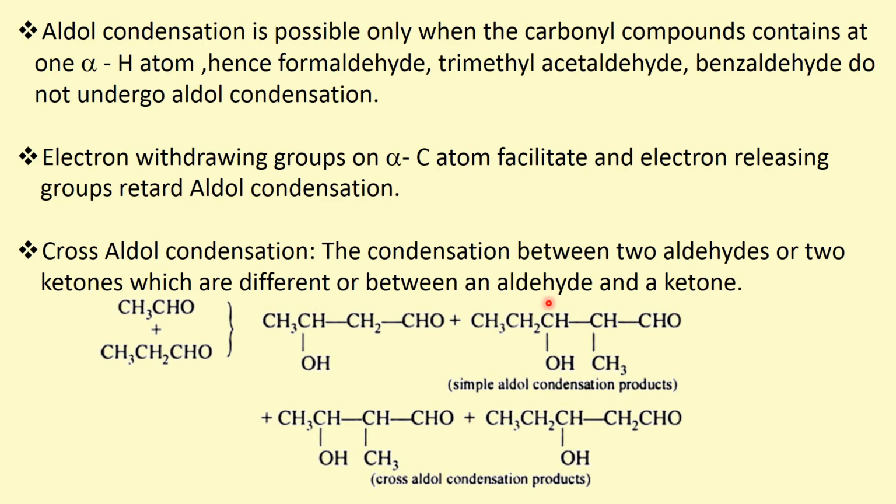Now this aldol condensation reaction is possible only when the carbonyl compound has at least one alpha hydrogen atom. Therefore, formaldehyde, trimethyl acetaldehyde, and benzaldehyde do not respond to aldol condensation reaction, because these aldehyde molecules do not possess alpha hydrogen atom.